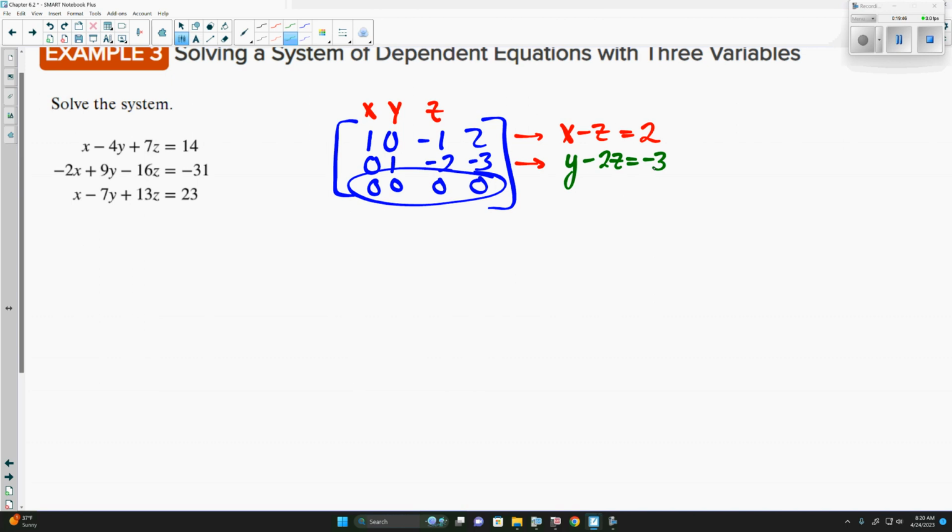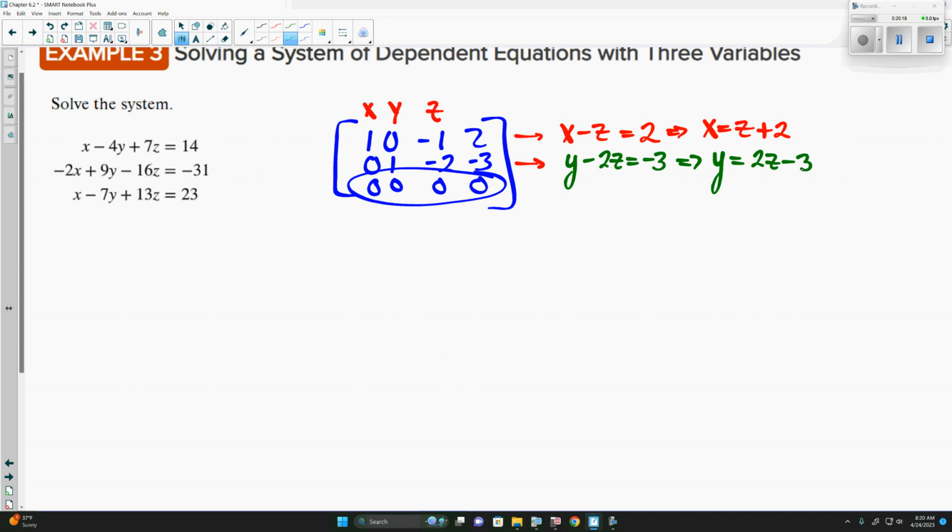There is a commonality with both of them. They both have a z, yes? So I'm going to add z to both sides, giving us x is equal to z plus 2. I'm wanting to get x by itself, get x in terms of z. We can do the same thing with y. We can add 2z to both sides, telling us y is equal to 2z minus 3.